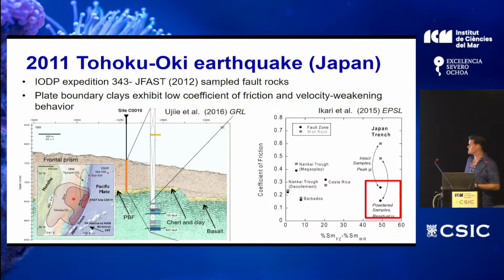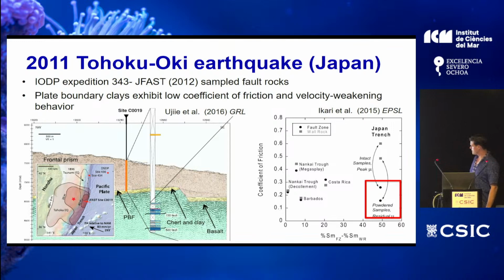And one of the places is here in Tohoku, in Japan, where an IODP expedition occurred in 2012, and they actually drilled the upper plate and reached the plate boundary over here, and they extracted information regarding fault mechanics, rock physics, and so on. What they found is that the plate boundary is represented by clays, and these clays exhibit a low coefficient of friction, as you can see in this panel over here.